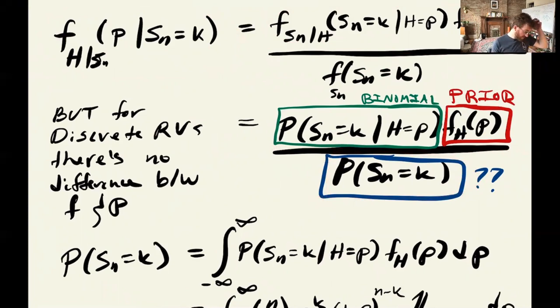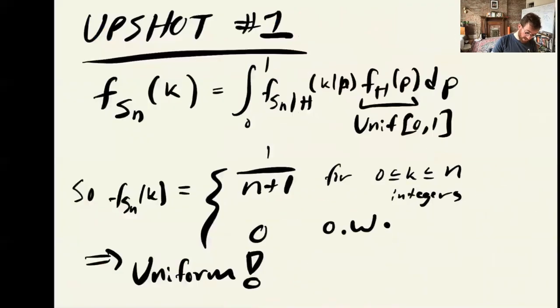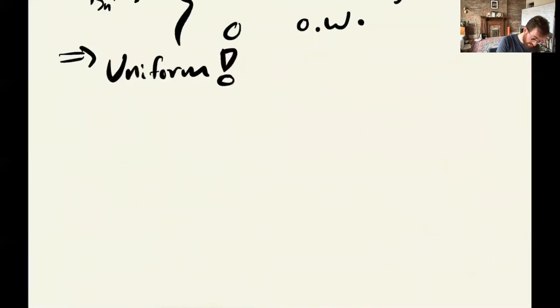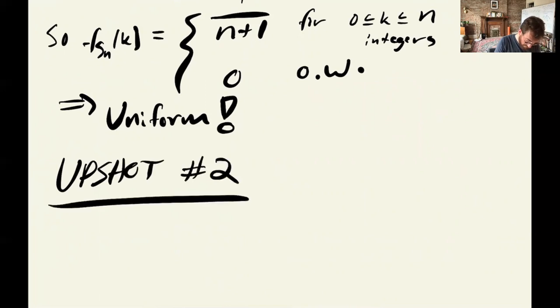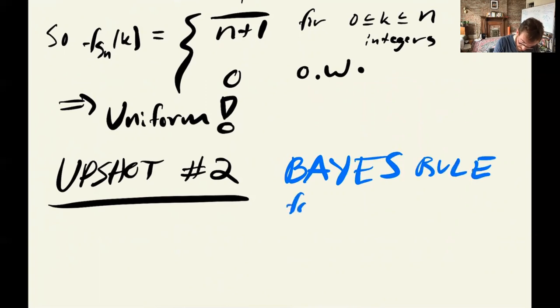So then we end up getting the following conclusion. By Bayes' rule, this is where we do Bayes, for our alien coin.